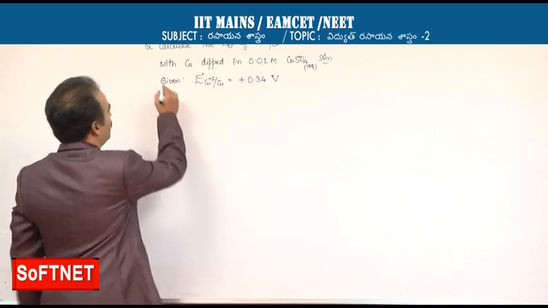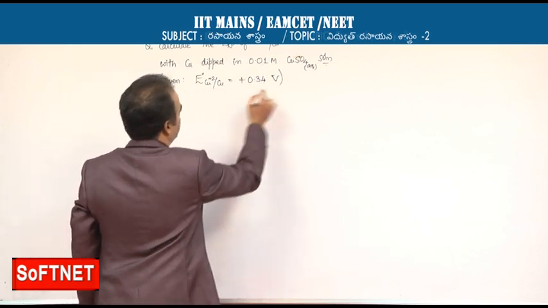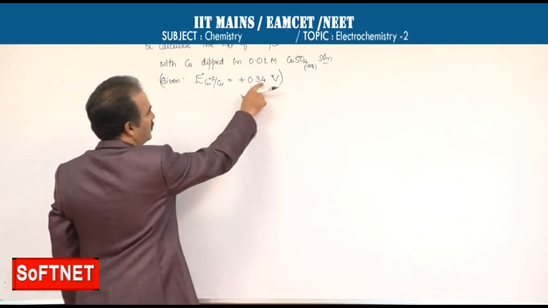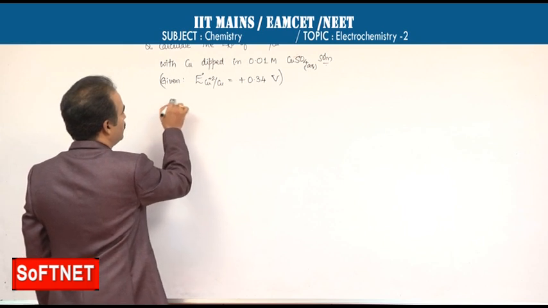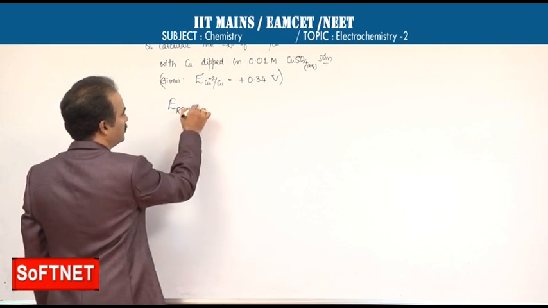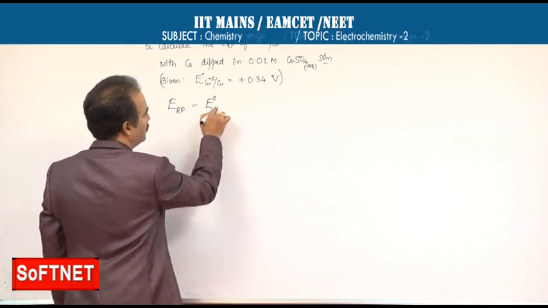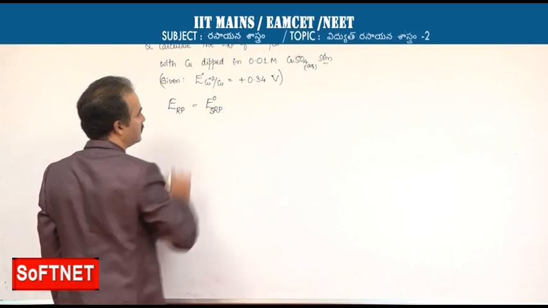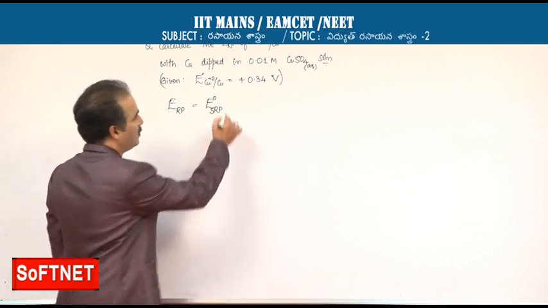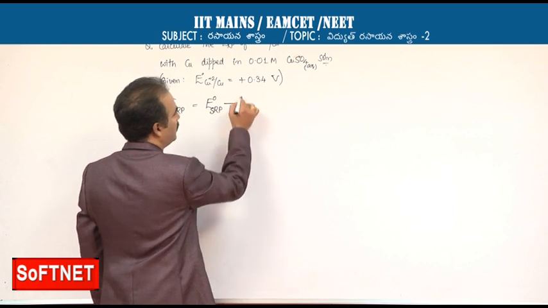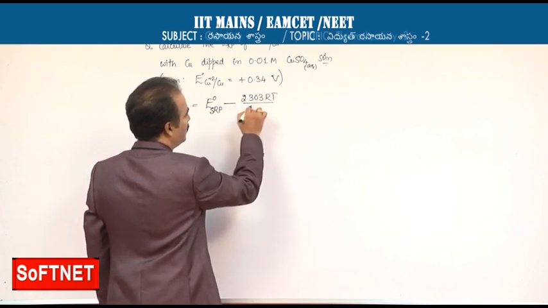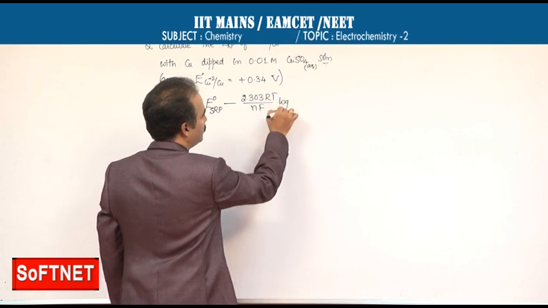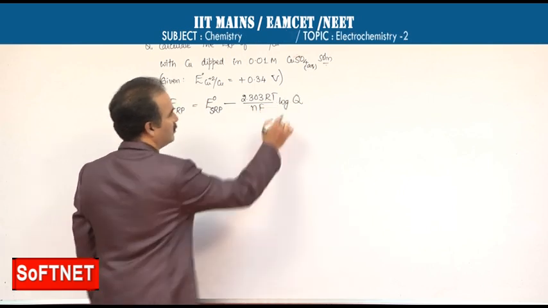We are given that the standard reduction potential of the copper electrode is plus 0.34 volts. According to the Nernst equation, the reduction potential of any electrode is related to its standard reduction potential as E naught (SRP) minus 2.303 RT by nF into log Q to the base 10.